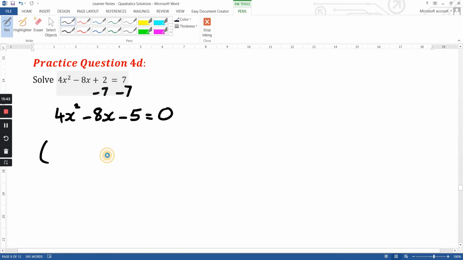Let's go straight into double brackets for this one, and just see if I can see a pattern with the numbers. Let me try this. 5 and a 1. Well, it's definitely going to be 5 and a 1. Let me put that in first, in fact.